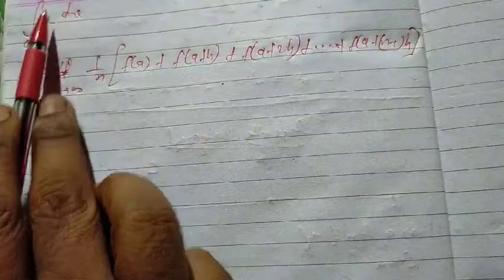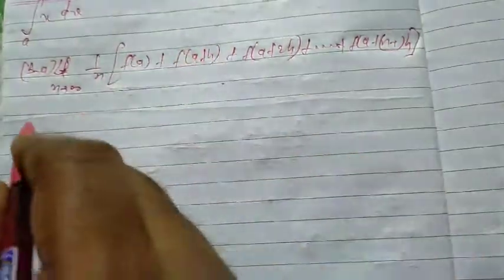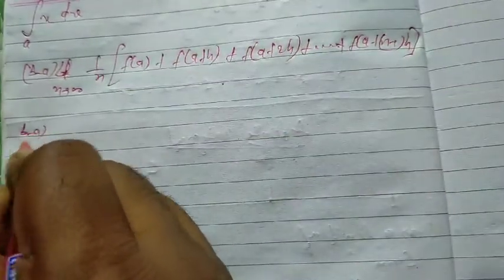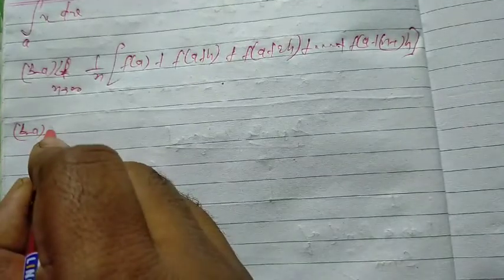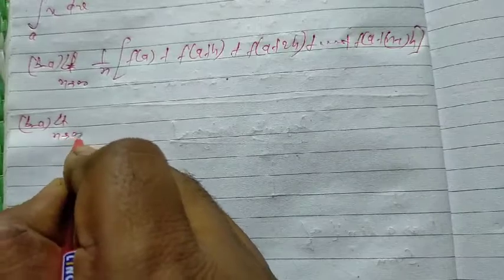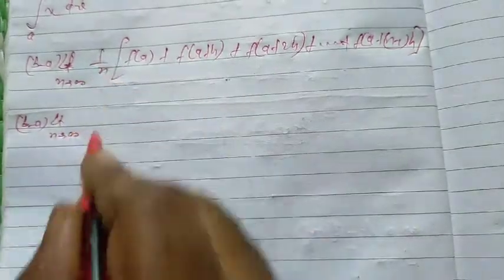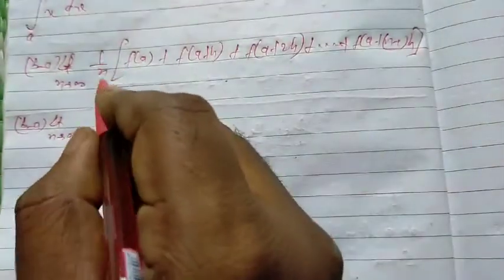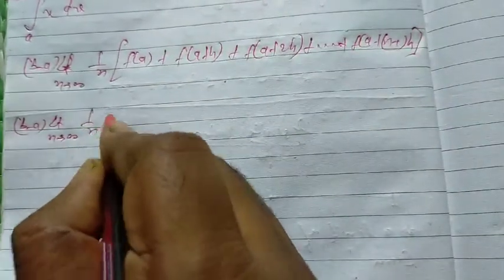Okay, now what is b minus a? Here b and a are given directly, so the b minus a value will remain as it is. So limit n tends to infinity, 1 by n is there, so we'll write 1 by n.